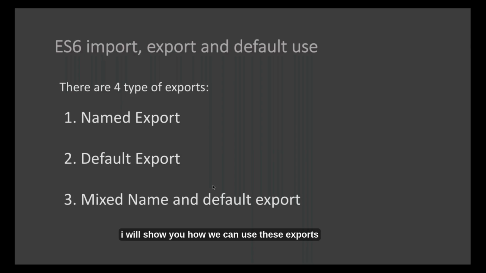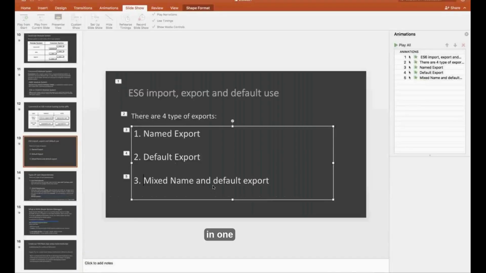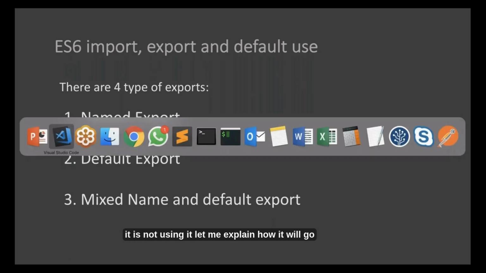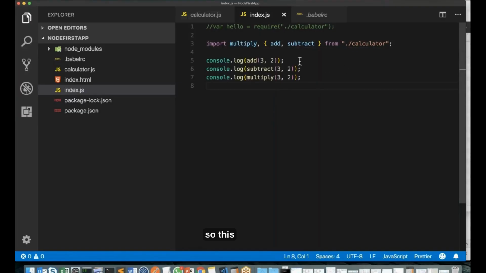I will show you how we can use these exports in an import in the other file. Let me explain how it will go. So this is our last project, and I'm taking the same project.